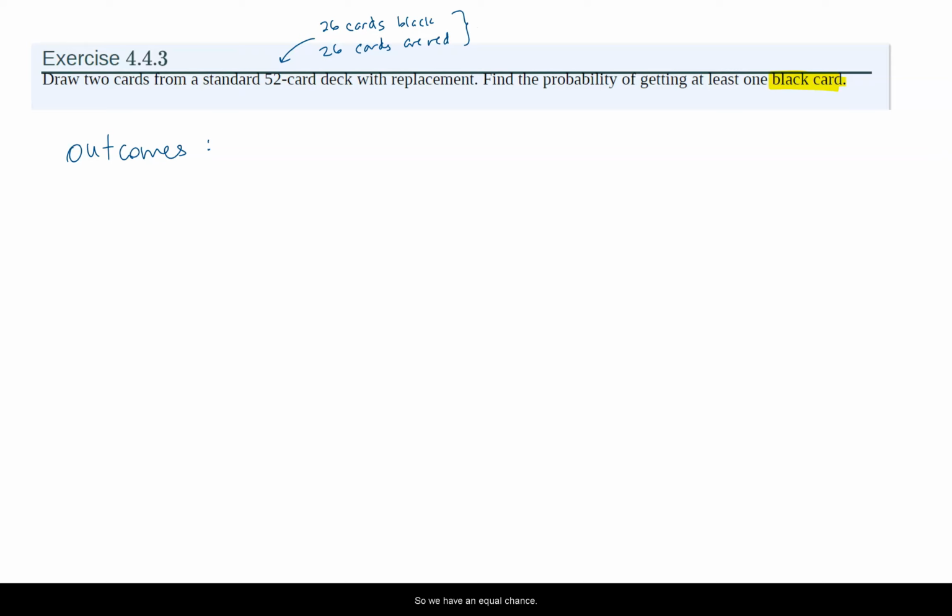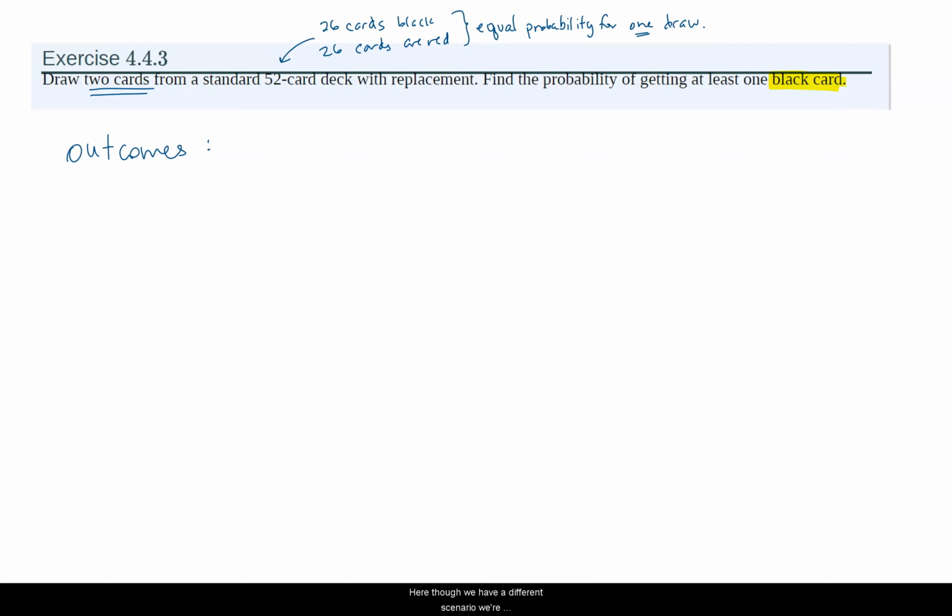So we have an equal chance of drawing 1 black card or 1 red card if we're talking about one draw of the cards. So pulling 1 card out of the deck, the probability of drawing 1 black card is 1/2. The probability of drawing 1 red card is 1/2. Just a quick review from the basics of probability.